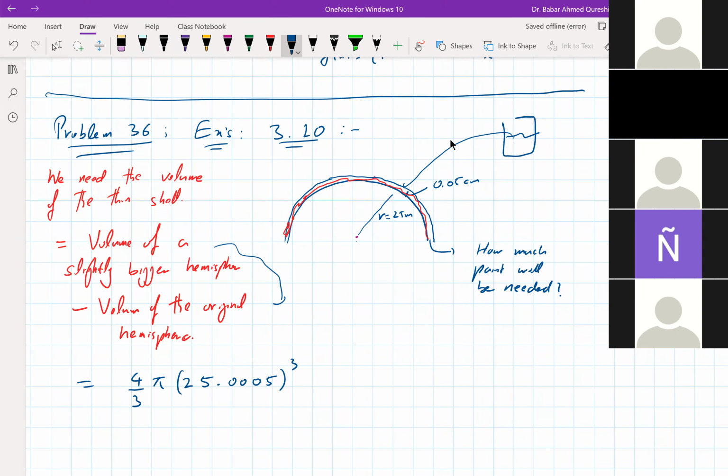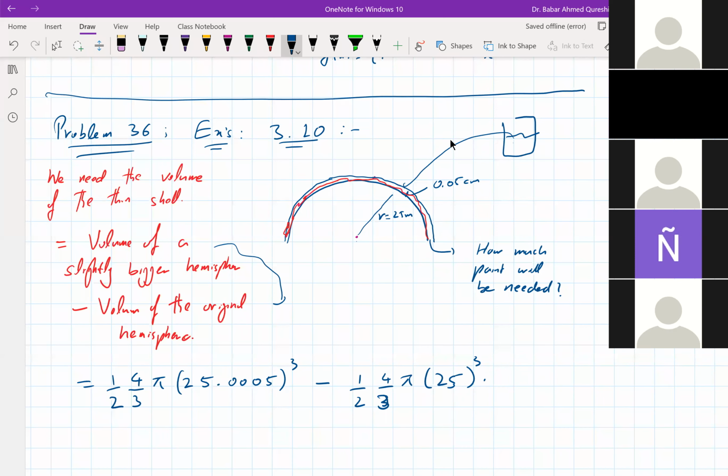And since it's a hemisphere, I only need half of it. Minus the original sphere. So that's the exact amount of paint you would need.